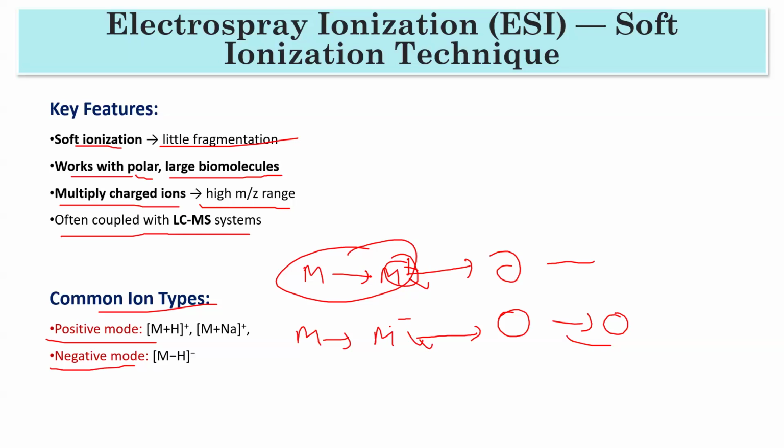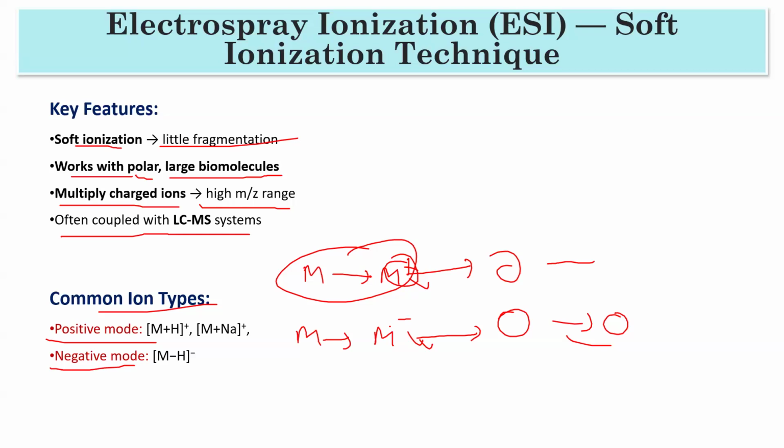Please understand this, because sometimes when you do this experiment, the people who handle the mass spectrometer may ask you whether you want to do positive mode or negative mode. If you are not sure, just say you want to do both. Or you can first do positive mode, and if you get the molecular ion peak, then you don't need to do negative mode.